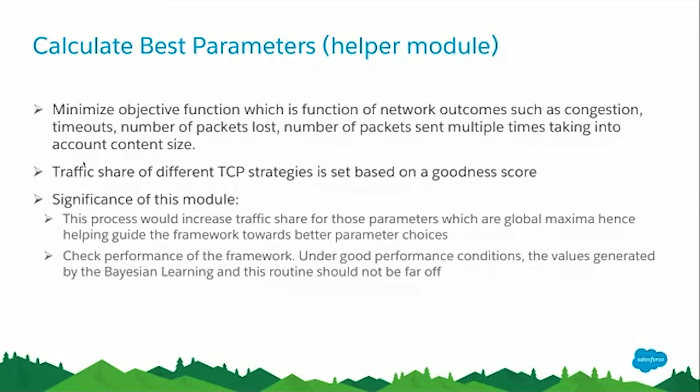So we know that our framework is performing well, because in addition to being always better than the bypass traffic, we also need to know that we are ourselves getting the best parameters possible in the parameter space. And also, we want to reduce the number of iterations taken for finding the optimal TCP parameters. So including this helper module every n iterations will increase the traffic share for those parameters which are global maxima. So it helps guide the framework towards better parameter choices faster than otherwise.